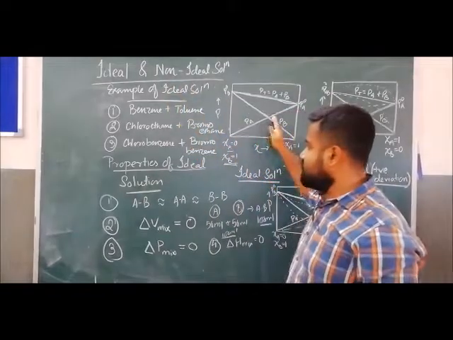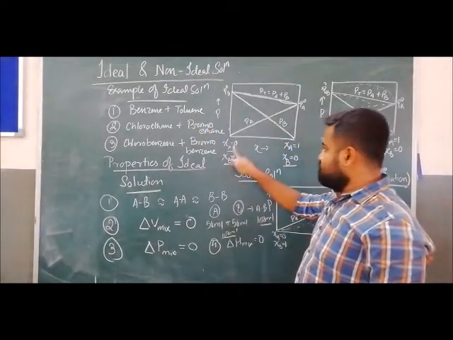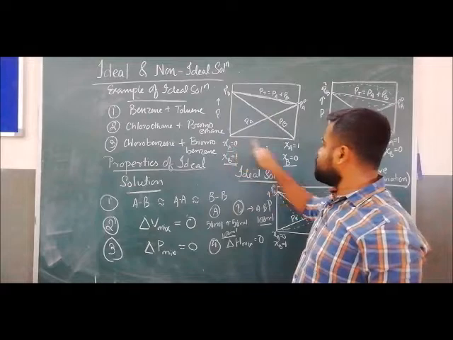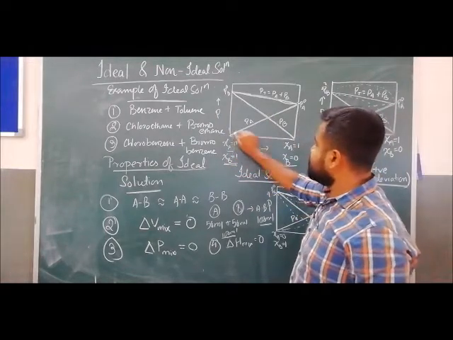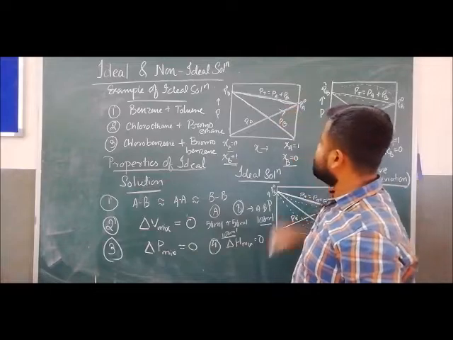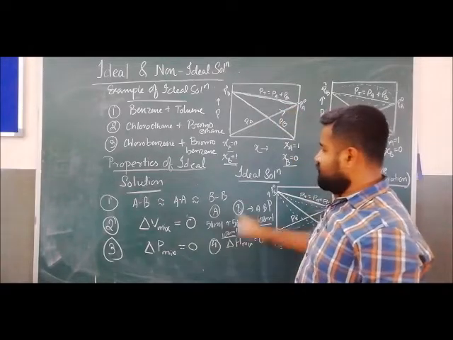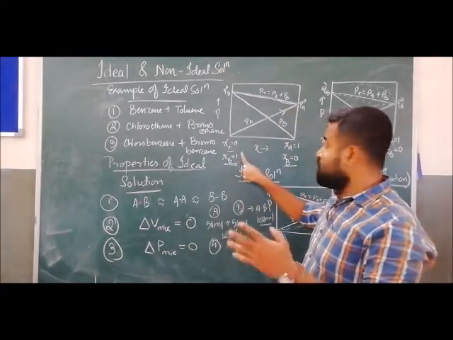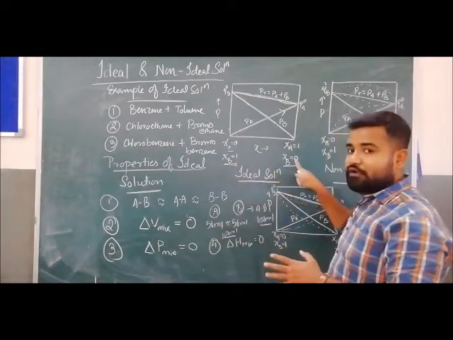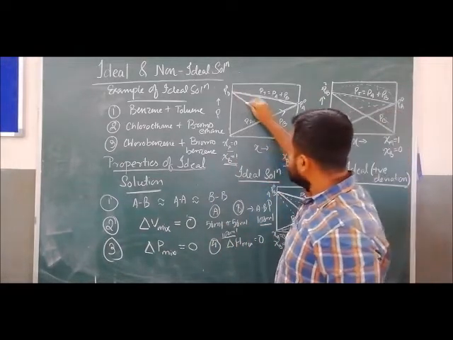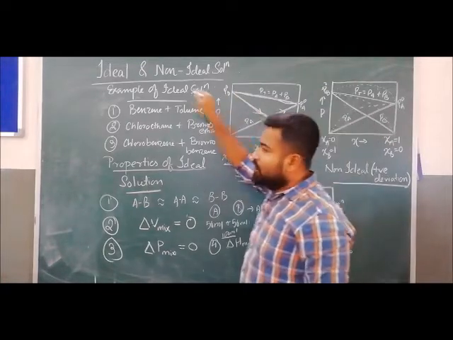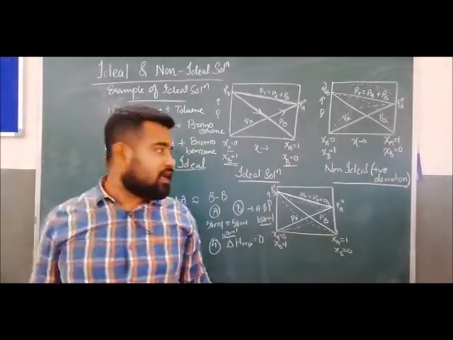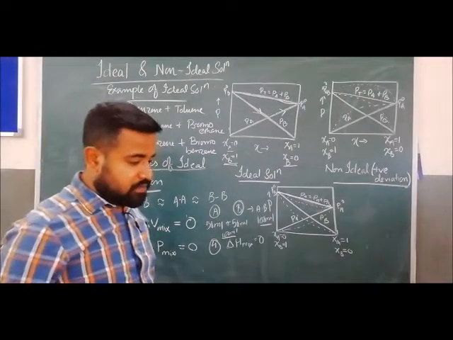Whenever the mole fraction is increasing from 0 to 1, the vapor pressure is increasing, and when it is decreasing from 1 to 0, the vapor pressure is decreasing. It follows Raoult's law. So this is the graph of ideal solution.